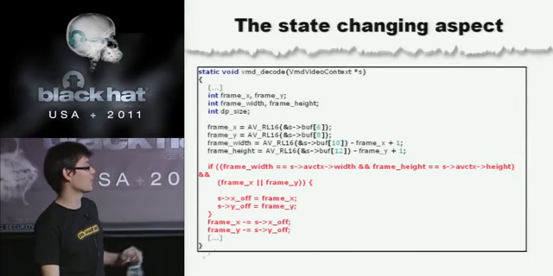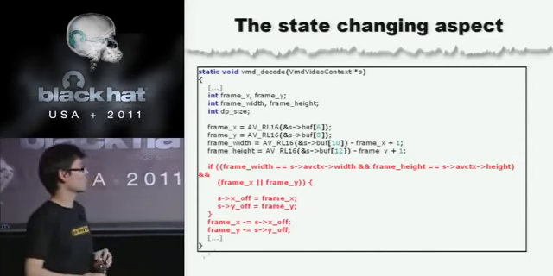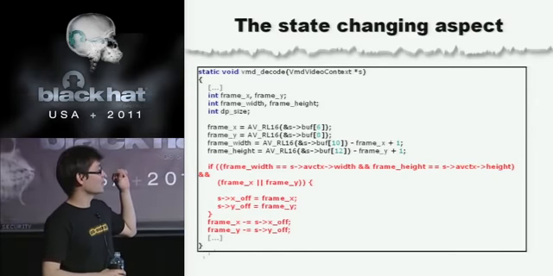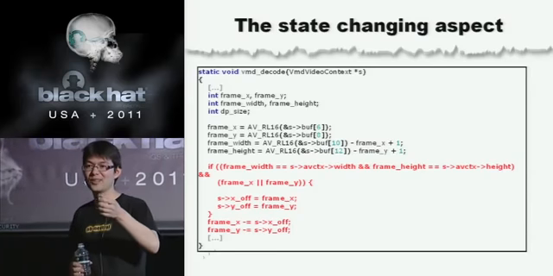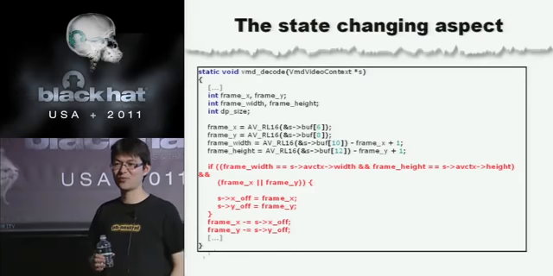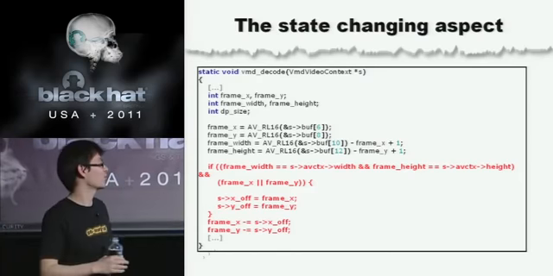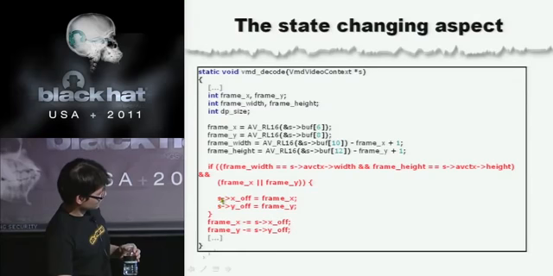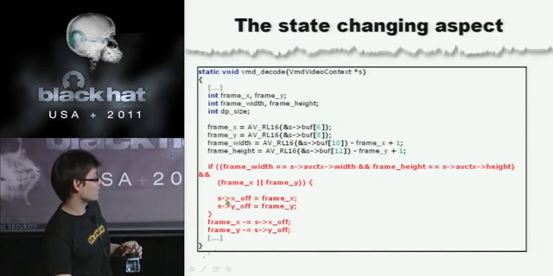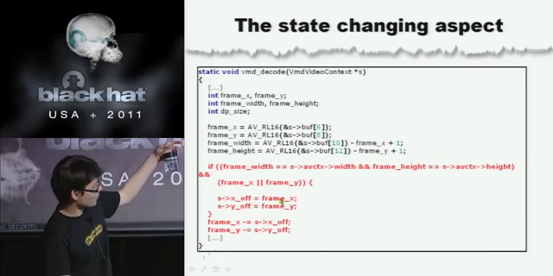Okay, so second aspect. So this was fun. Actually, the decoder doesn't just take frames independently, but it has a state. Okay, so if you can modify the state, maybe you can get past the limitation. So the state is saved in this variable s here, and as you can see, there's a way of saving an x offset, which is equal to the frame x that you specify in one of the frames, in sx off.